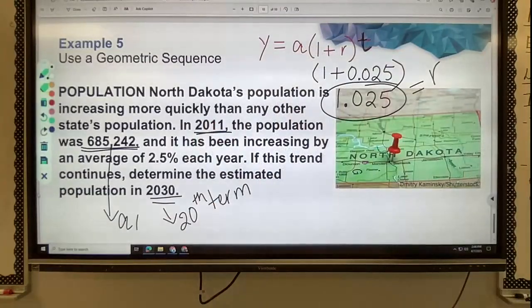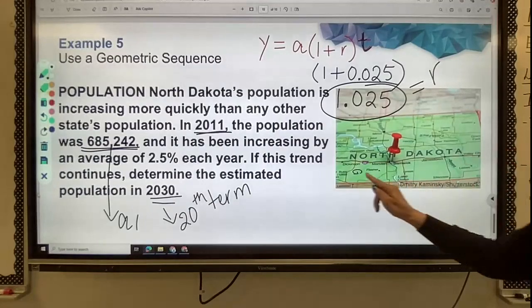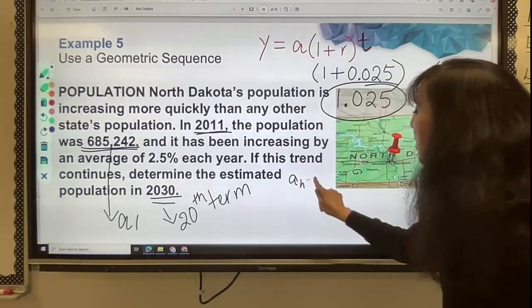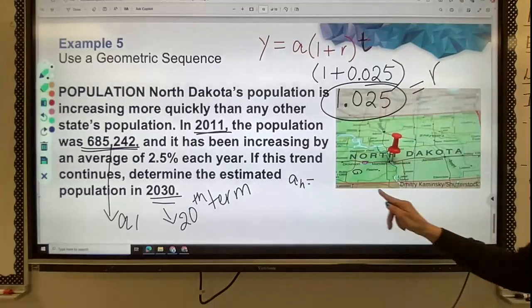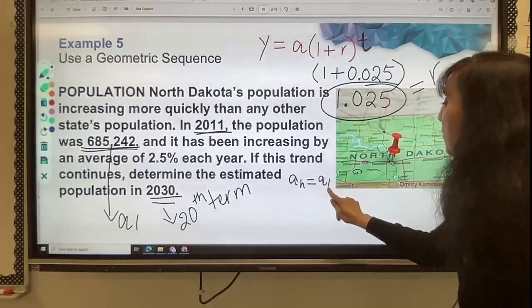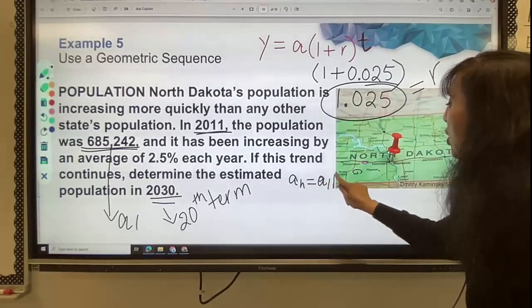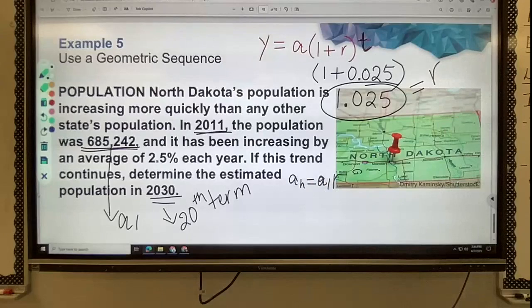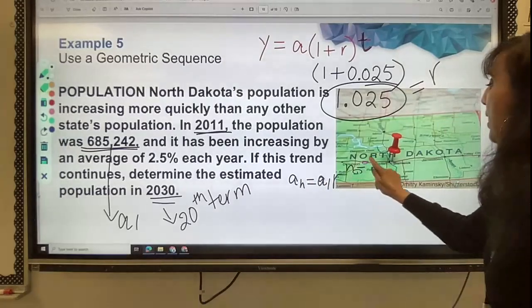So in order to calculate this now, I am going to use the formula for the nth term, which is An is equal to A1, and we have the constant ratio r, and then we have n minus 1.